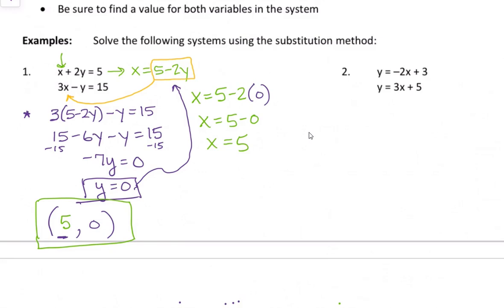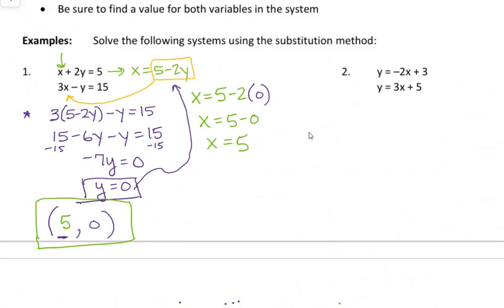Okay, let's take a look at a second example. Now, in this example, notice that y is already alone, and it's already alone in both equations. So I'm ready right now to just go straight to the substitution. I don't need to get a variable alone on one side.